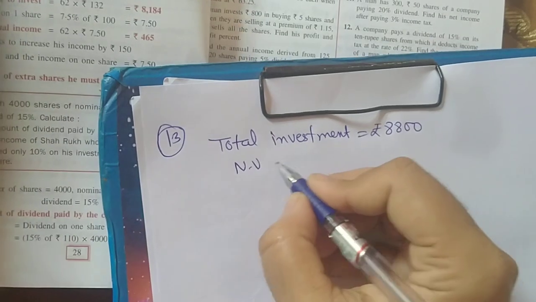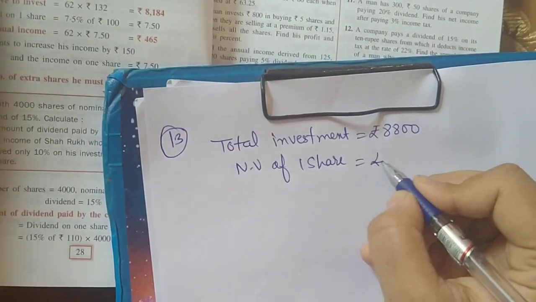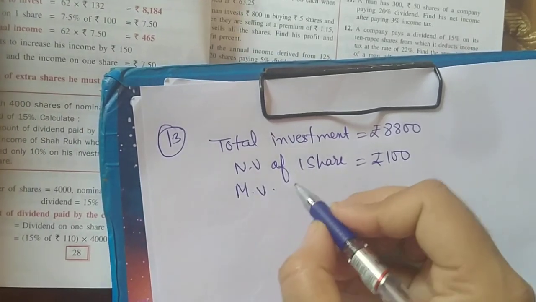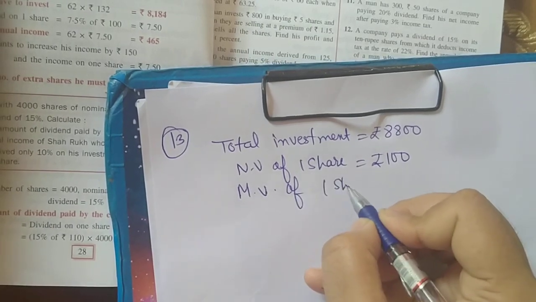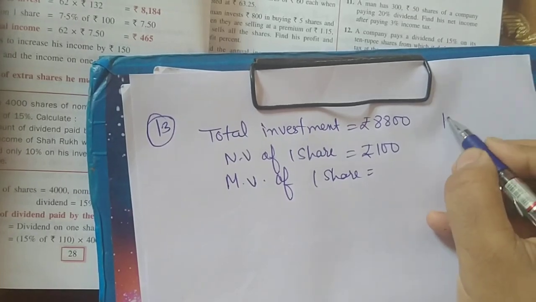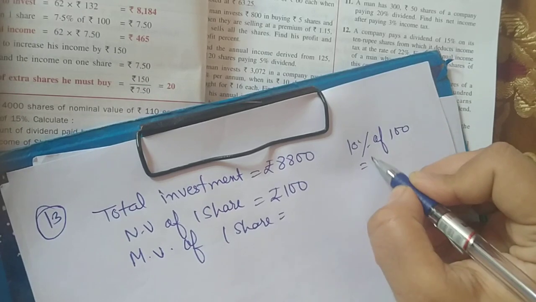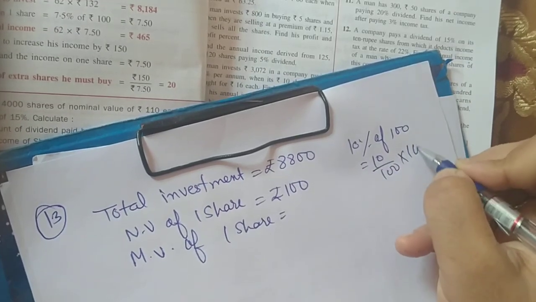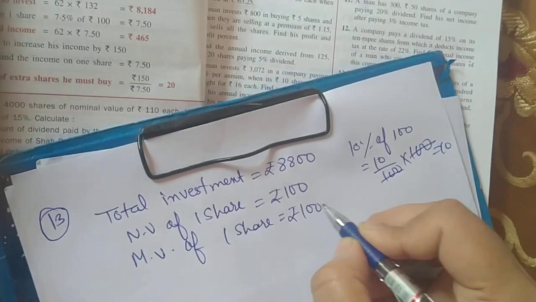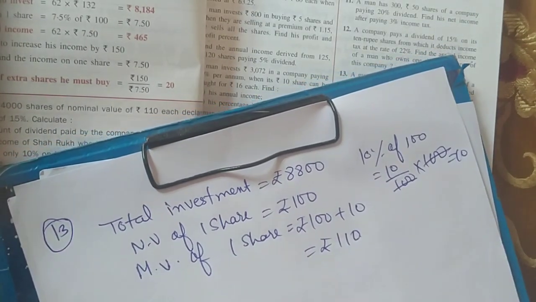Then nominal value of one share is equal to rupees 100. Then market value of one share means 10% is increased. So 10% of 100 is equal to 10 upon 100 multiplied by 100. So 10 rupees increased, means 100 plus 10, 110. This is the market value.